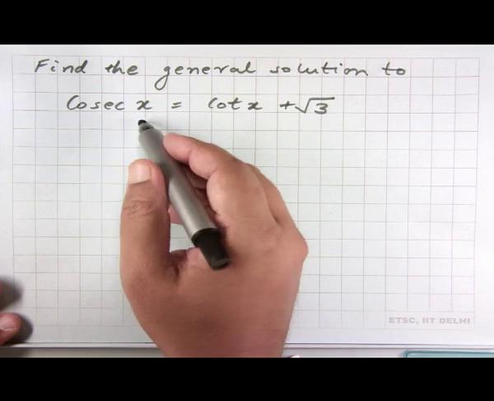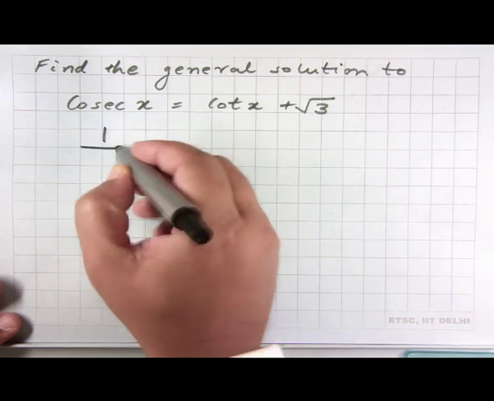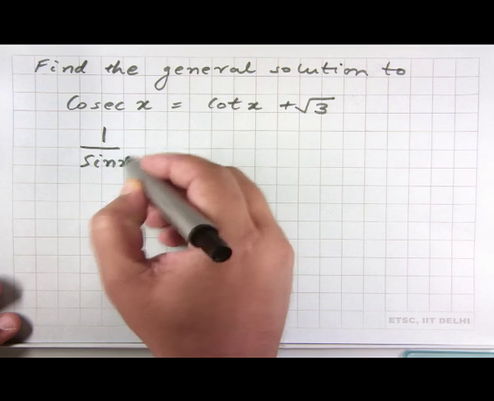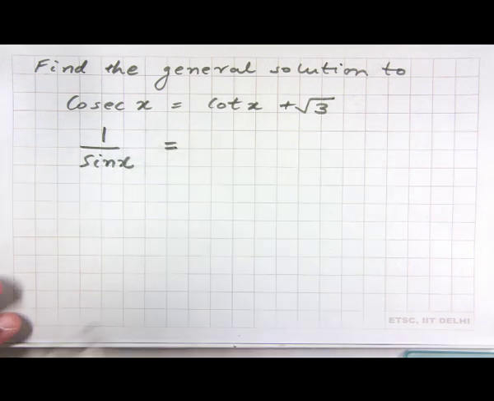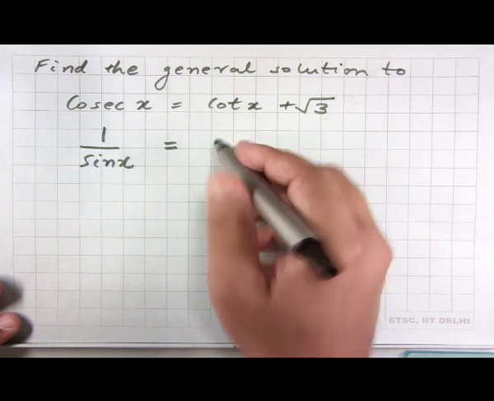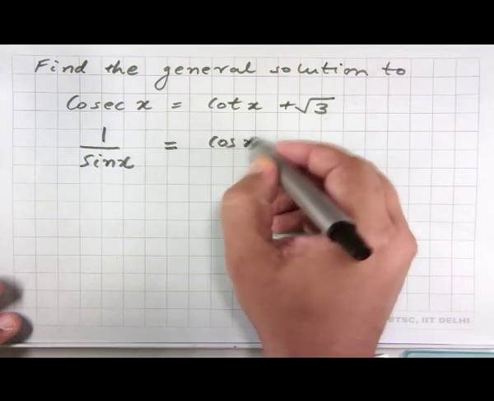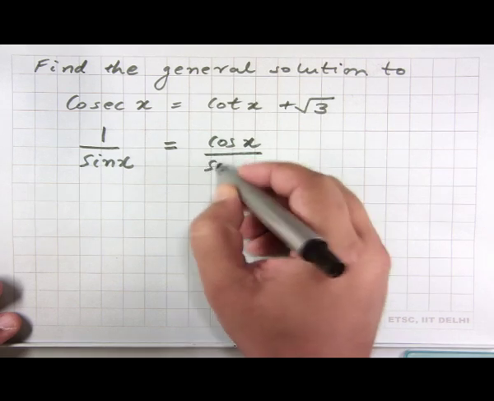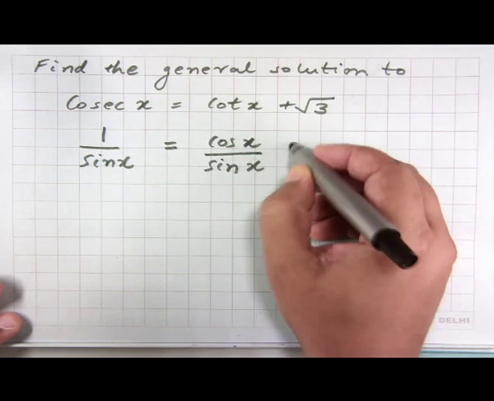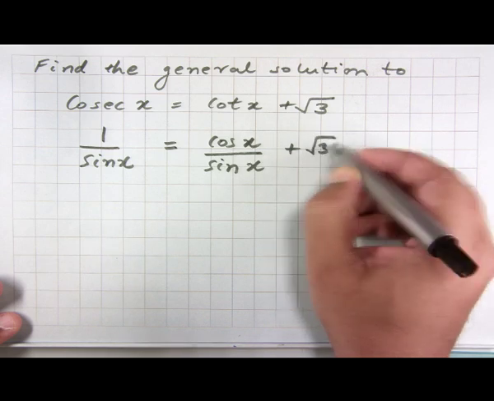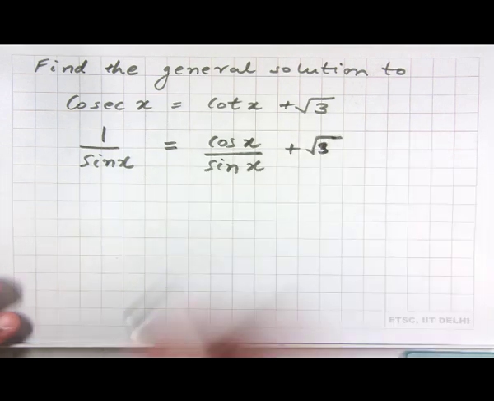So, we know that cosecant of x is 1 over sine x, and we can write cotangent of x as cosine x over sine x, plus square root of 3.